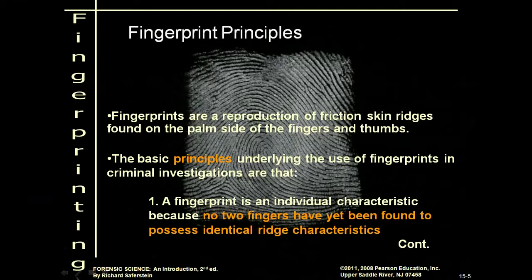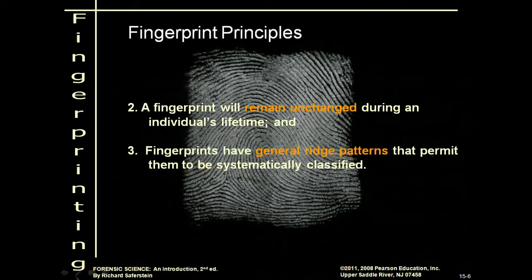We have never been able to find two fingers that have the same ridge characteristics, and the ridge obviously being the lines on your fingers. Two, a fingerprint will remain unchanged during an individual's lifetime. And three, fingerprints have general ridge patterns that permit them to be systematically classified. And so those three principles are what we're going to be focusing on. No two people have the same one.